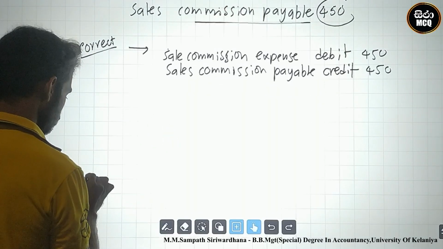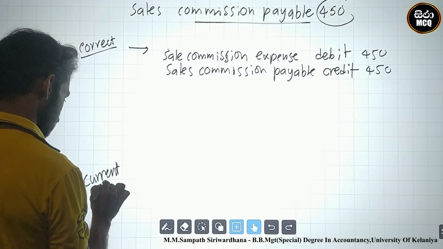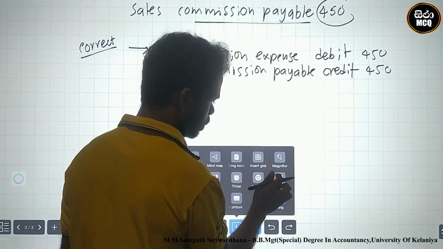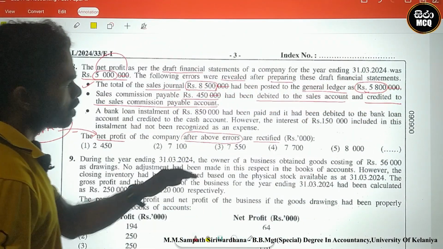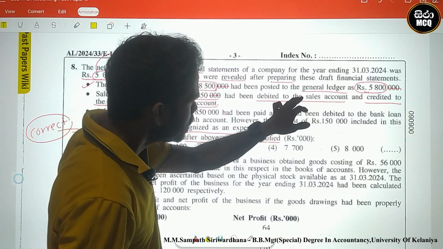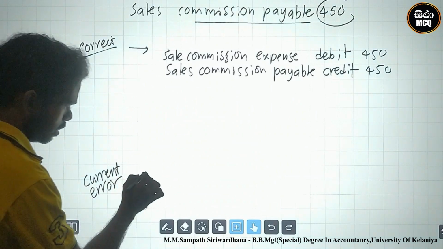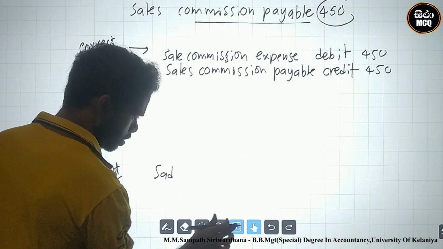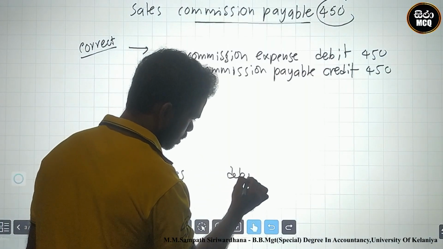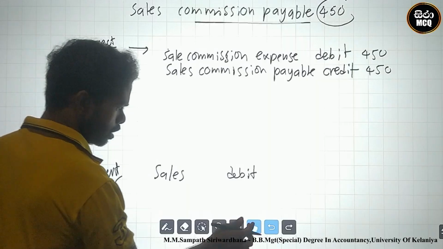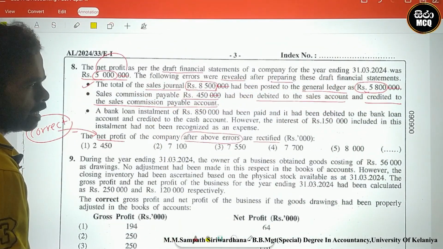What is the current situation? What is the current error situation? Look here. The current situation is it had been debited to sales account. Sales account debit. Which amount? There is no value directly said.